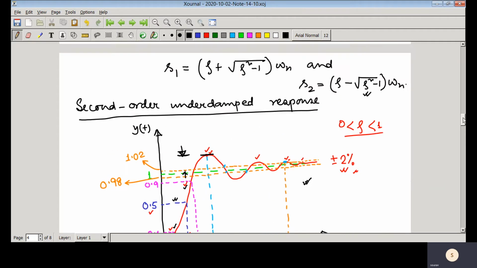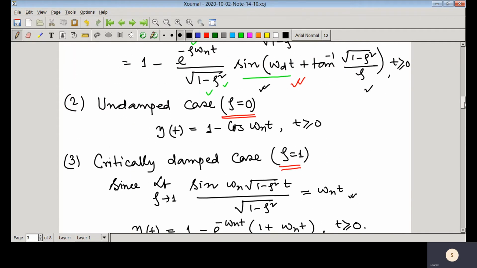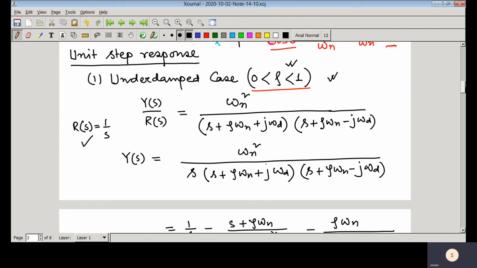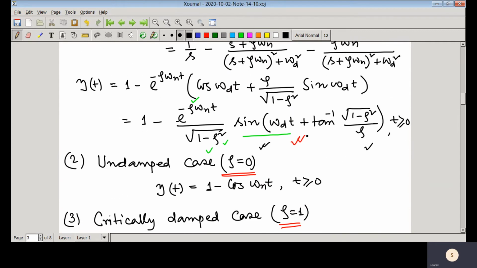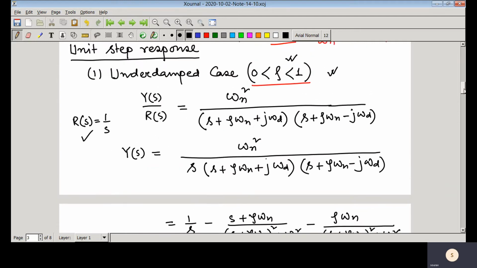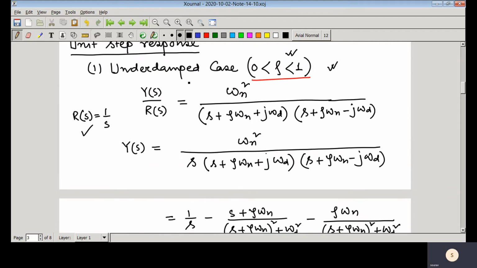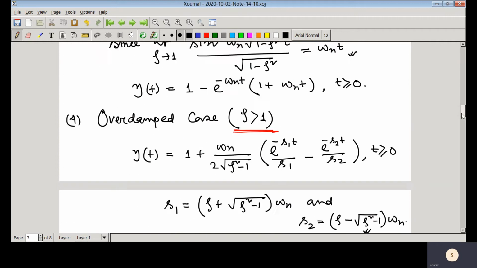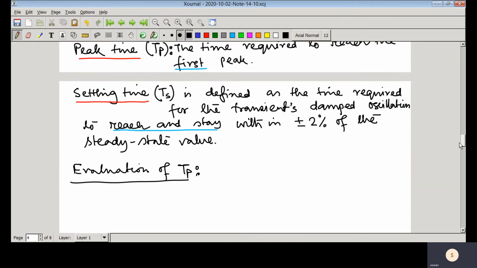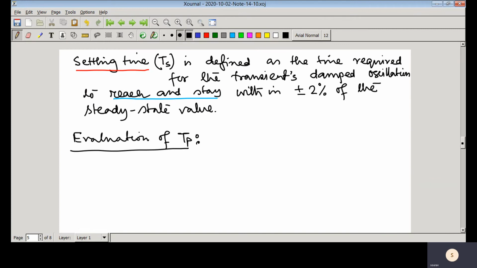So let us take the derivative of this particular expression, because this is y(t), and this is the case that occurs in the underdamped situation. If we take the derivative of y(t) and equate it to 0, it gives you the time when the first peak occurs.